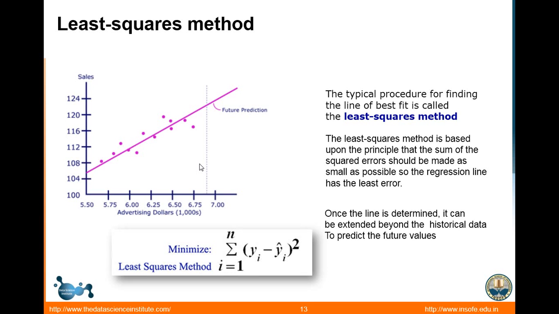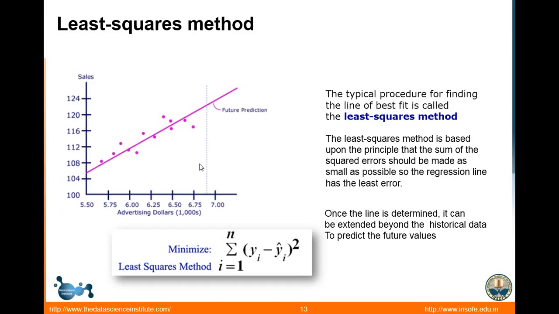Based on these assumptions only, we can find out the best fit of the data. Here, where we have the advertising dollars and the sales, we have the straight line fit, and we have the data up to a certain duration, say up to $7,000, after which the line is extended to tell us the future predictions.